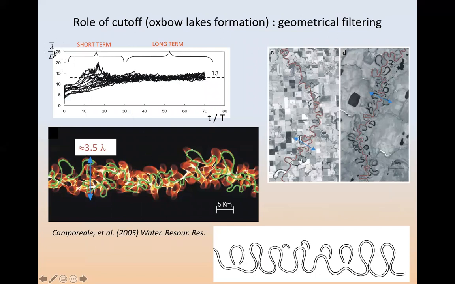For example, investigating the selection of the lambda, where lambda is the mean wavelength of the meanders, the curvilinear wavelength, of course. And also investigating the particular role of oxbow lakes formation, the cutoff, which are this kind of abandoned lakes throughout the floodplain.